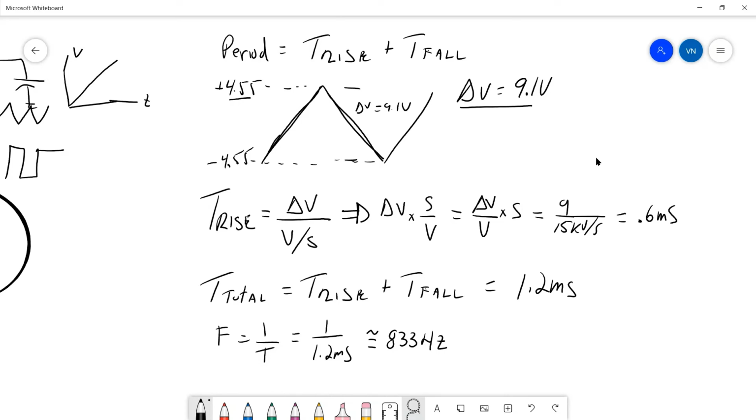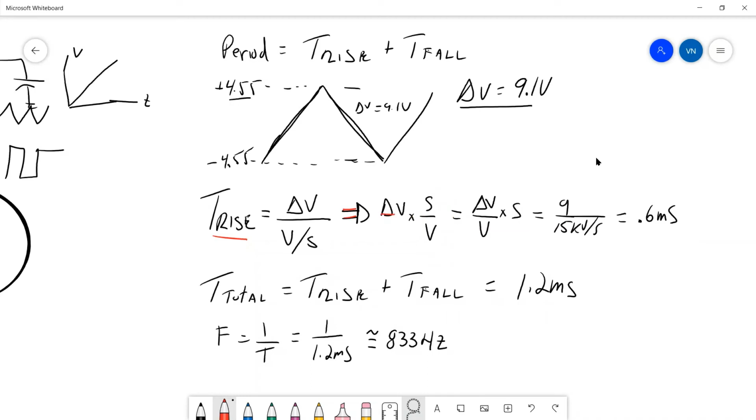So we can figure out the rise time. Let's take a look at the rise time here. We know that the change in voltage required is 9.1 volts, and it's 15 kilovolts per second. You can do a quick check here. If you want to make sure you're on the right track, what happens if I divide 9 volts by 15 kilovolts per second? Since I'm dividing by a fraction, that's the same as inverting the fraction and multiplying.